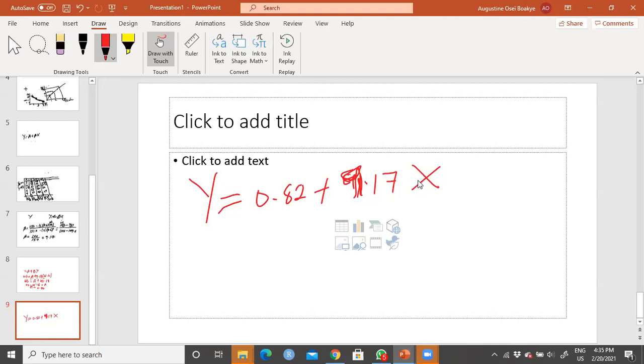The independent variable. And in this question, what is the independent variable? Level of sales. Very good.